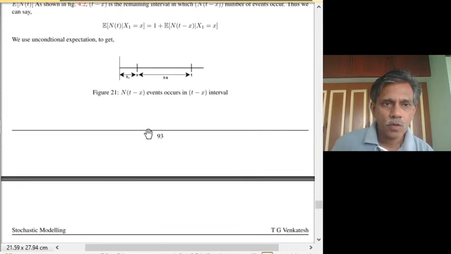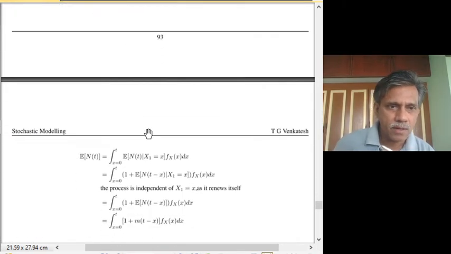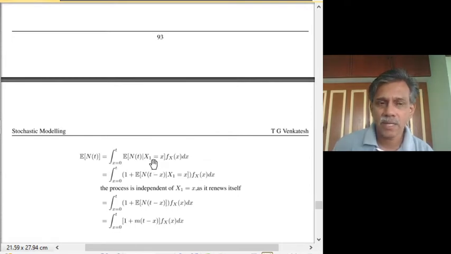But if x is greater than t, then 0 renewals would have occurred within 0 to t. So if we try to include the range t to infinity, the contribution is 0. So we can stick to 0 to t.